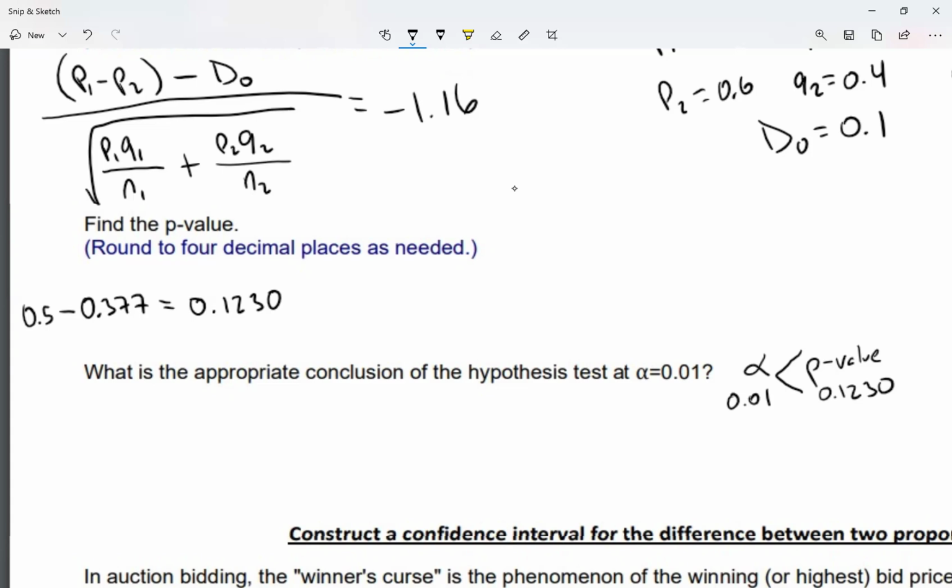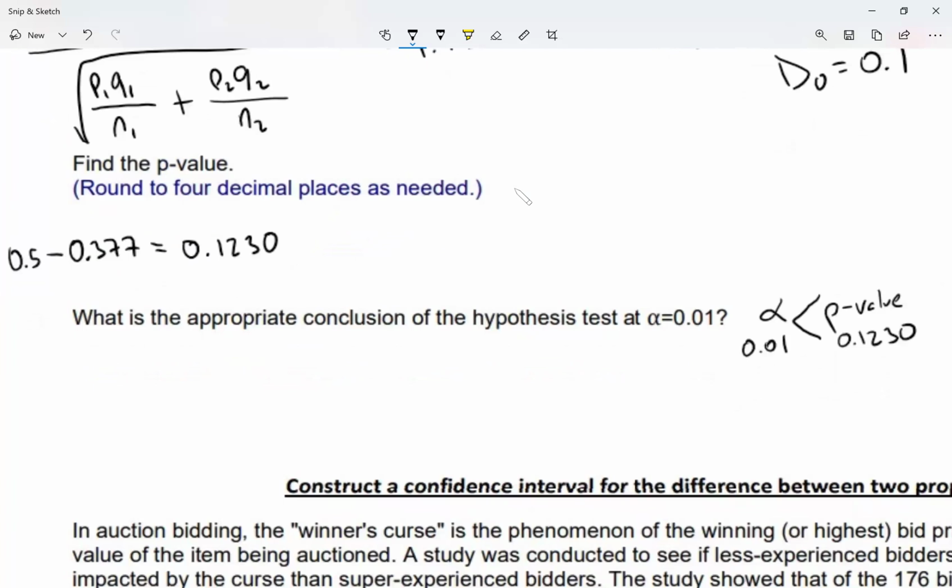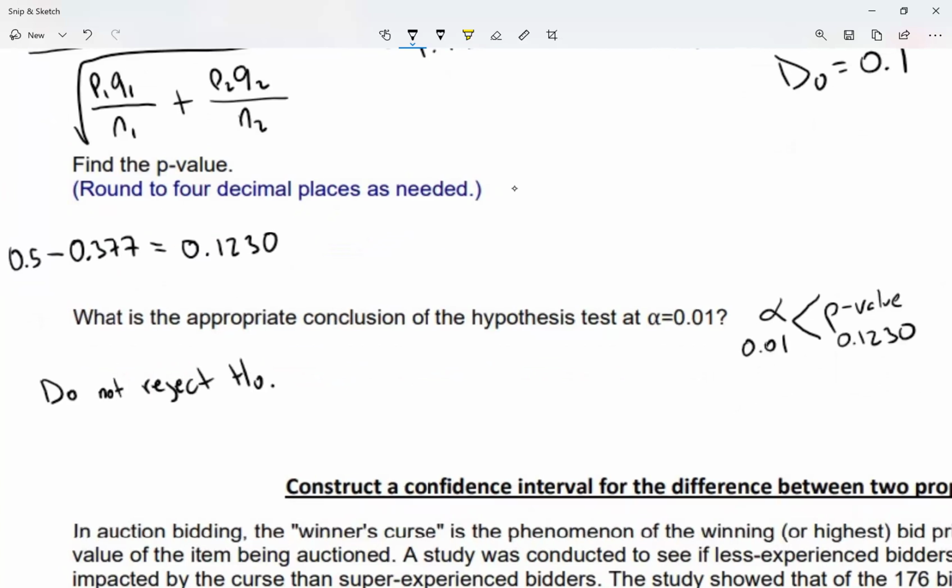If my alpha was bigger than my p-value, then in that case, do reject the null hypothesis. But here, because my p-value is bigger, I'm going to say do not reject. Let me write, do not reject the null hypothesis, again because p-value is bigger than alpha.